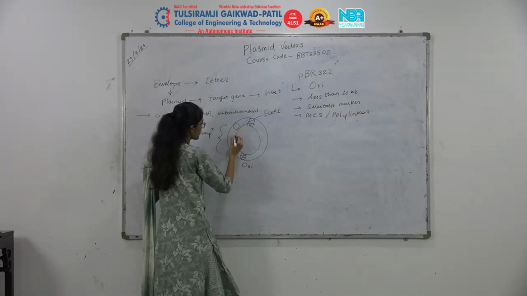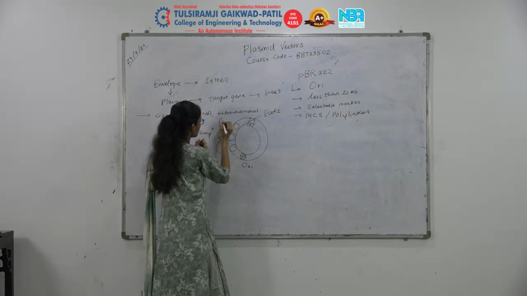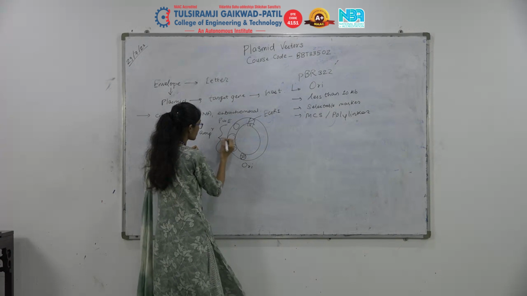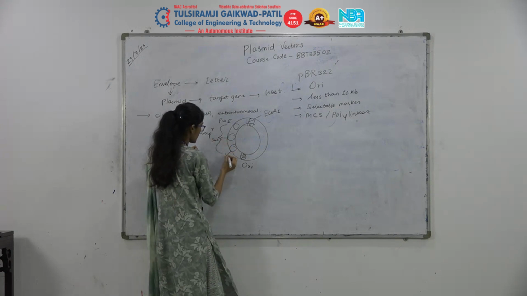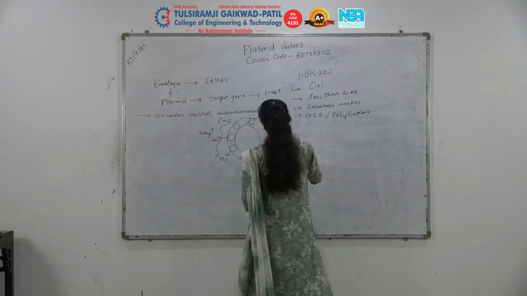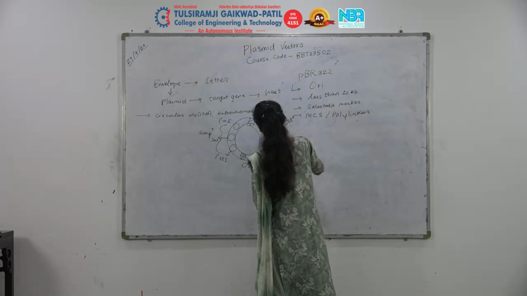It has three restriction endonuclease sites: PvuII, another is SacI, and the next is PstI. Within the tetracycline resistance, it has BamH1.